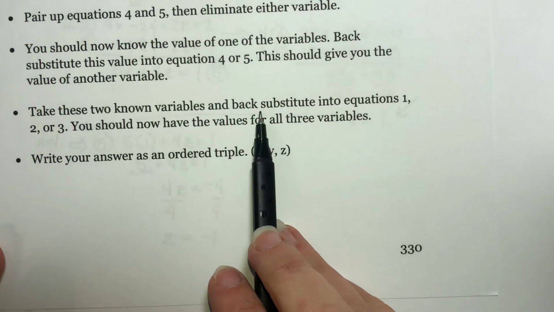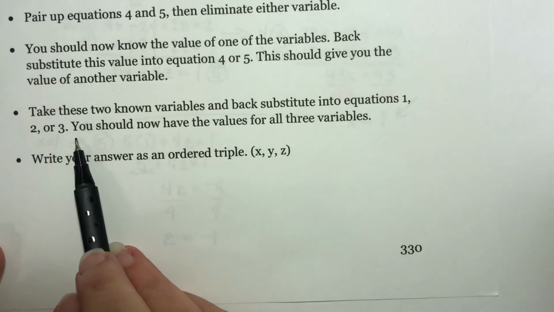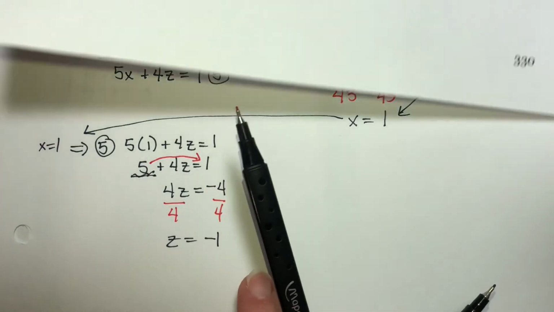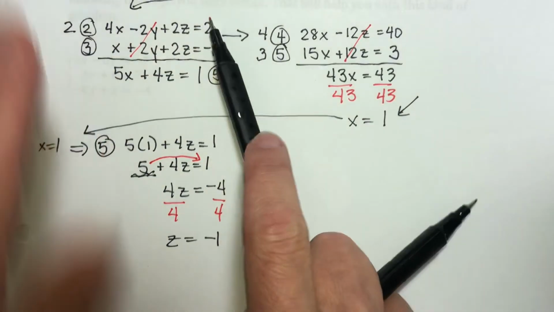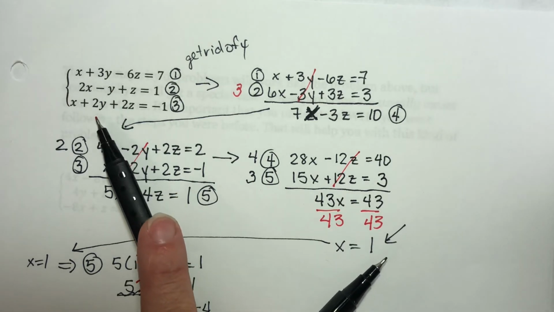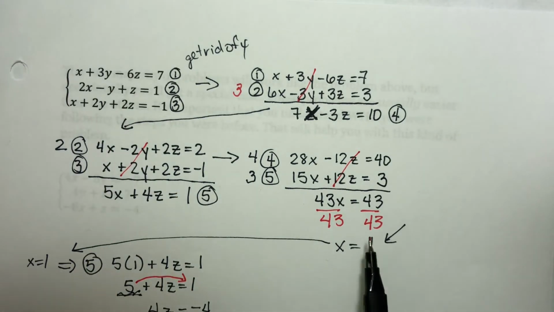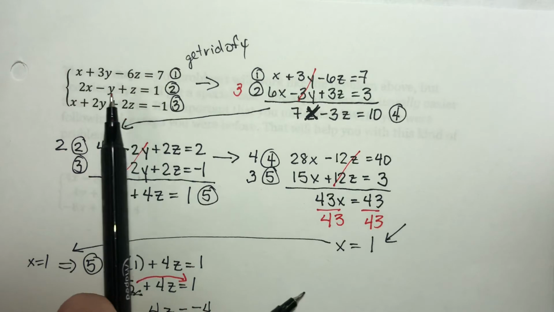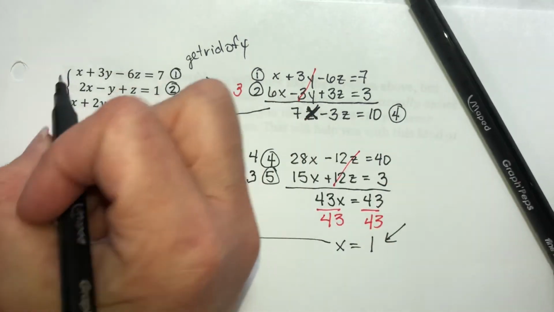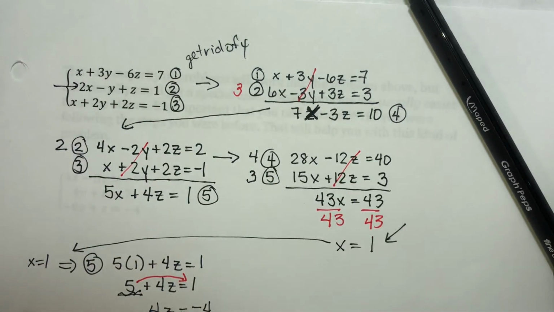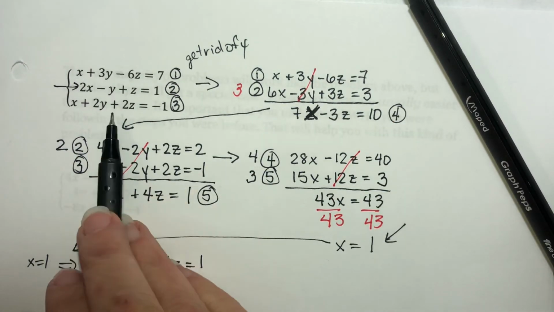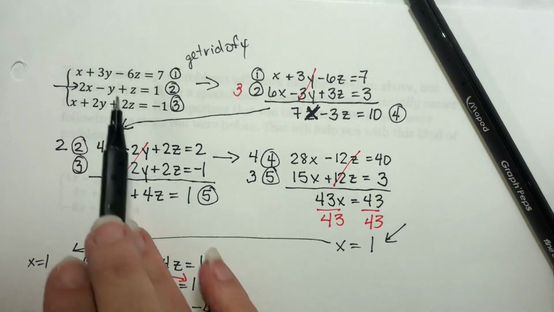Now we're going to back substitute into 1, 2, or 3. And the reason we now have to go into 1, 2, or 3 is because these are the only equations that still have a y in them. Okay? So I know my x and my z, and it looks to me like maybe equation 2 is going to be the easiest to find my y value, because here and here I'd have to divide, and that's really the only reason.